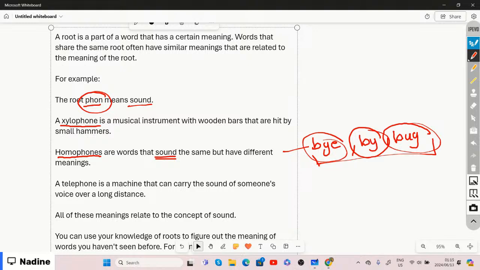So well done. Then we have another word, telephone, right? And a telephone is a machine that can carry the sound of someone's voice over a long distance. It's carrying the sound from one device to the other device. It's even the same as we are.